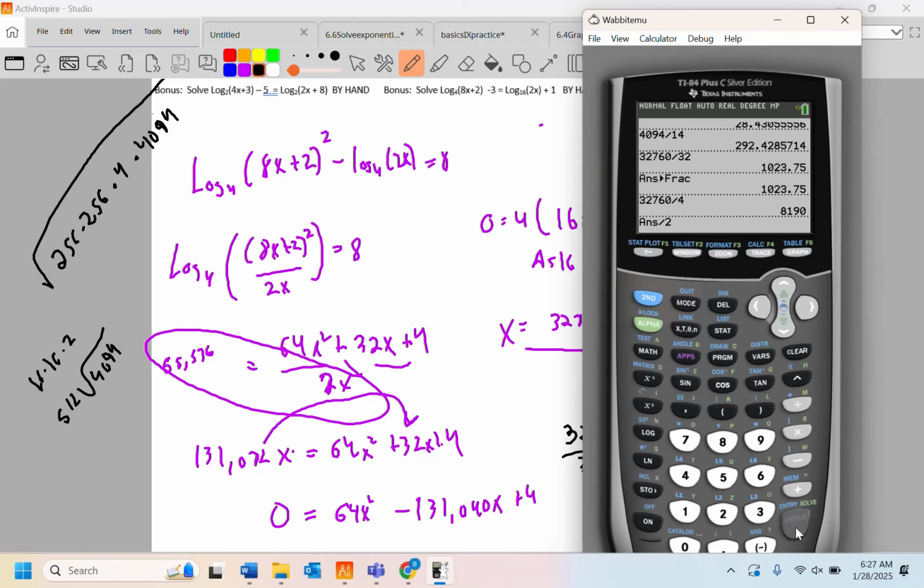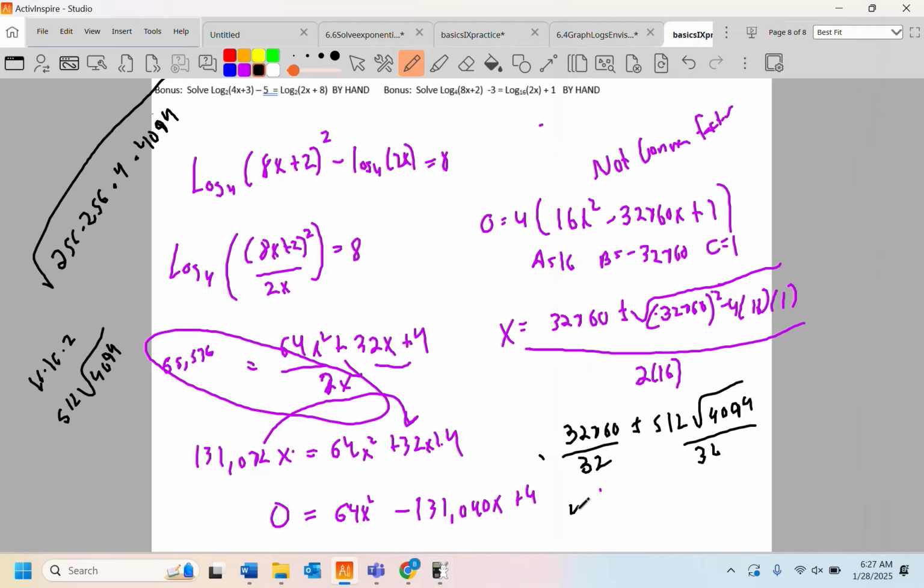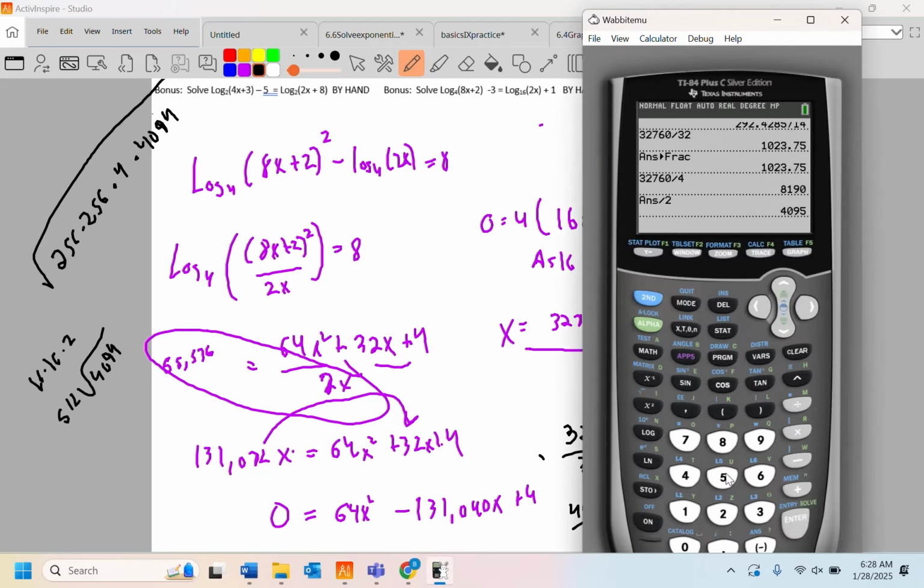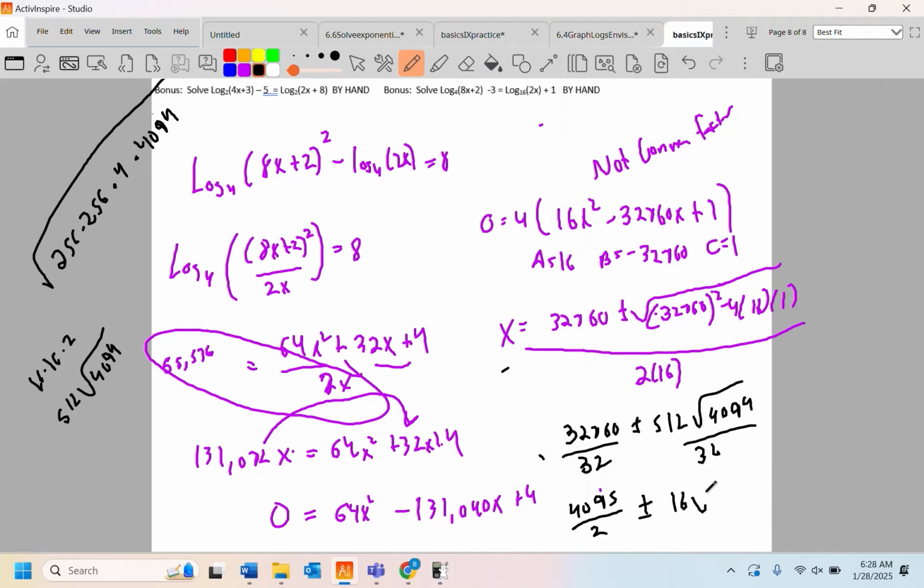So is it divisible by 2 again? 4,095 over 2. All right, we got 512 over 32. Oh, it's just 16. All right, so this one's real because a logarithm has to have a positive argument, and that guy is the extraneous one.